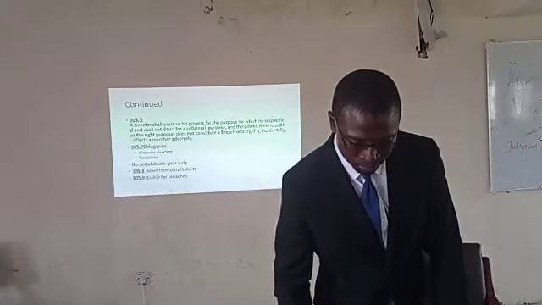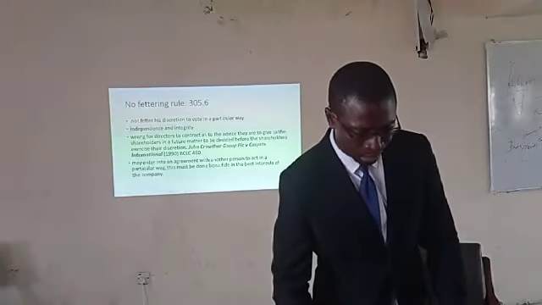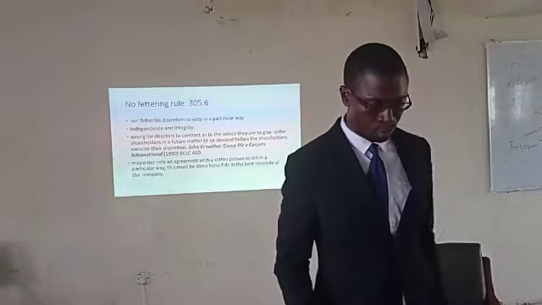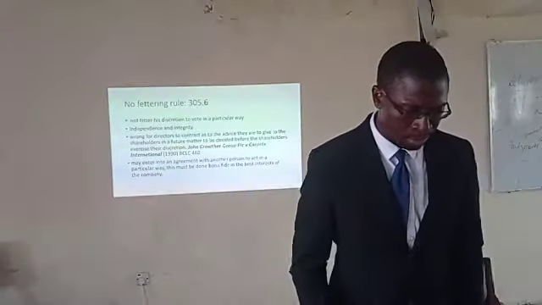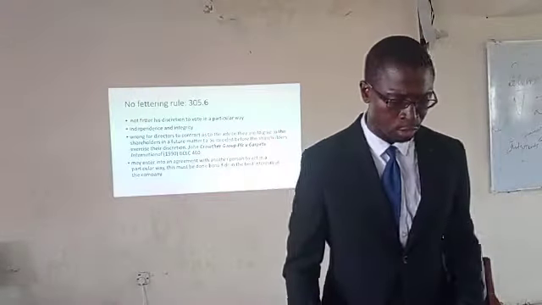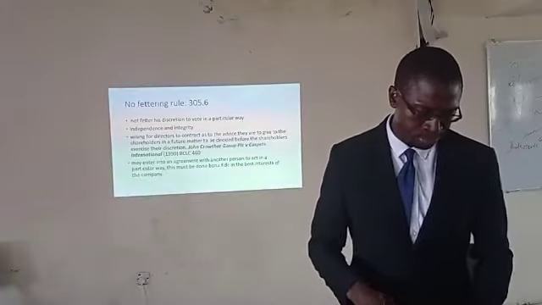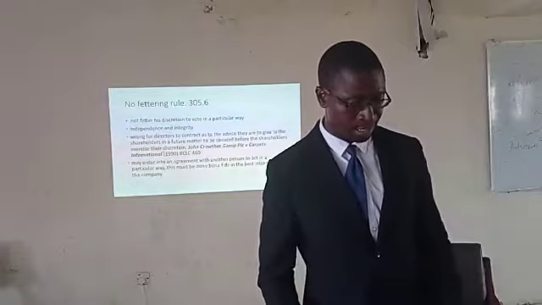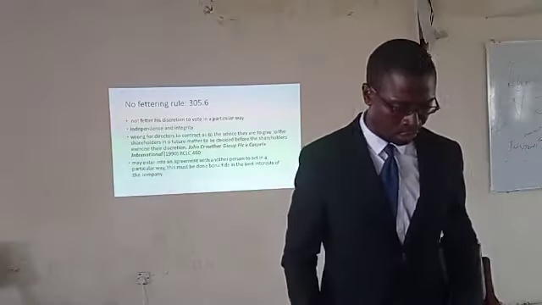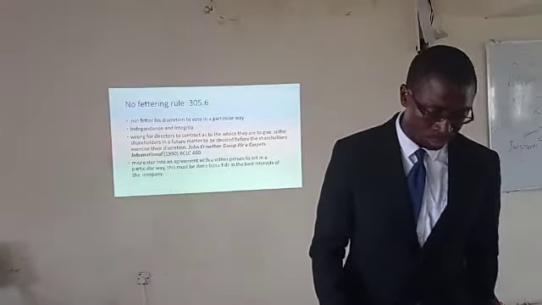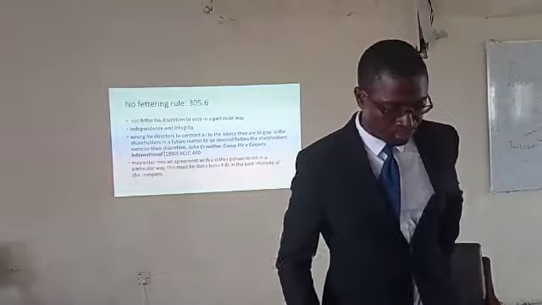Let's move on. Okay, so I say he must not fetter his right to vote. Please look at section 305 sub 6. He must not fetter his discretion to vote in a particular way. He should operate with independence and integrity, and it is wrong for directors to contract as to the advice they are to give to the shareholders in a future matter to be decided before the shareholders even exercise their discretion.